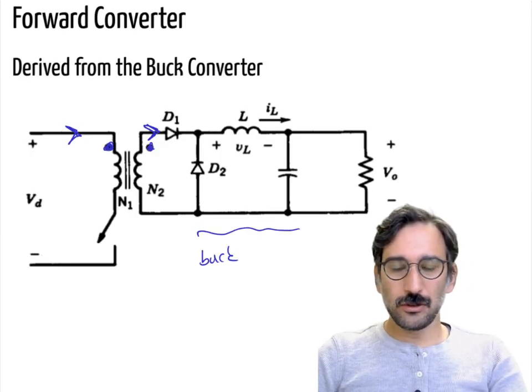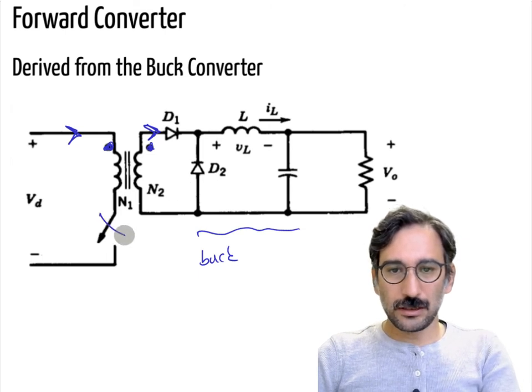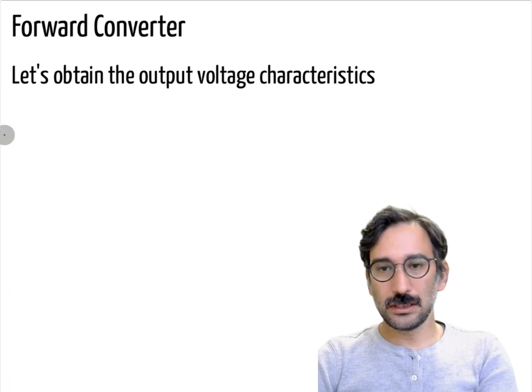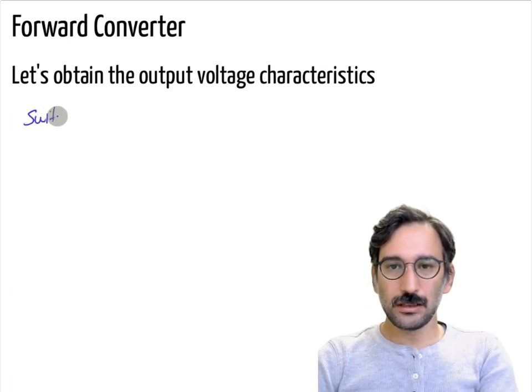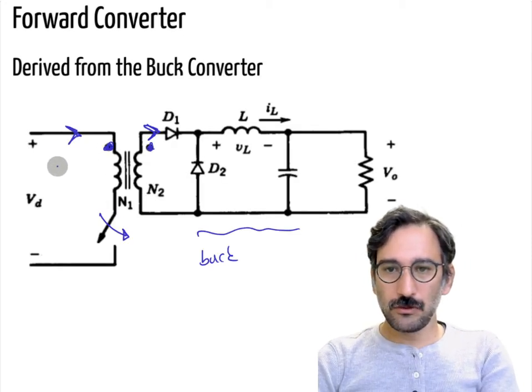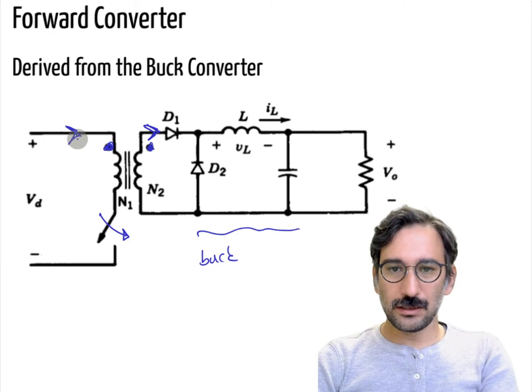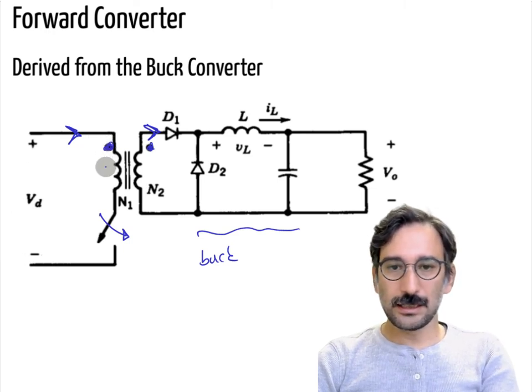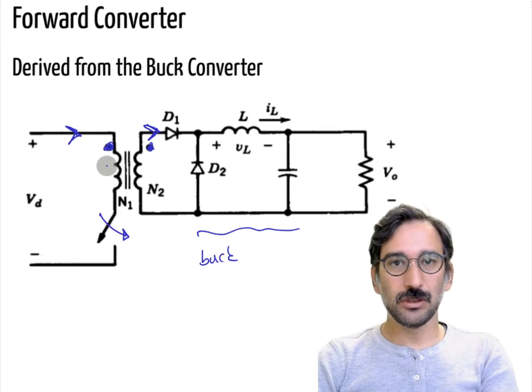At first, let's try to calculate what happens when the switch is on. So let's calculate the switch-on condition, right? If you have VD here, again, normally that converter has the LM and other components. We will derive that shortly.